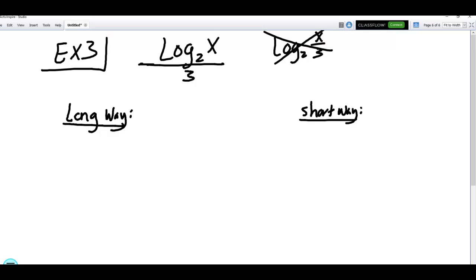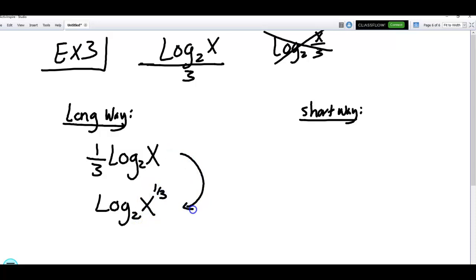First of all, the first step is to write it like this instead. So go ahead and do that. Now, dividing something by 3 is the same thing as multiplying by 1/3, so that's why I did that. But now that I've rewritten it as a multiplication, what property? That's property C. So I can take this 1/3 and make it become a power on the x instead.